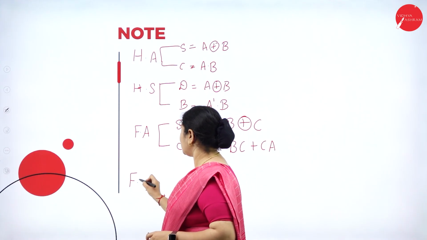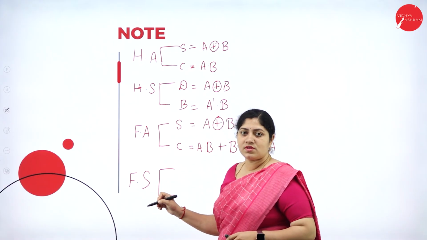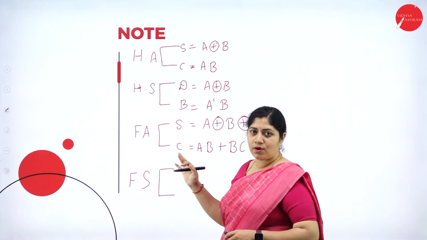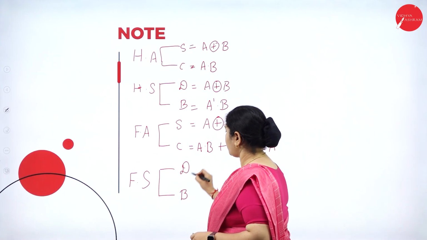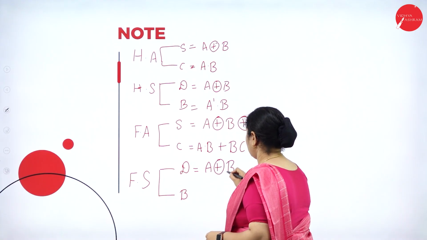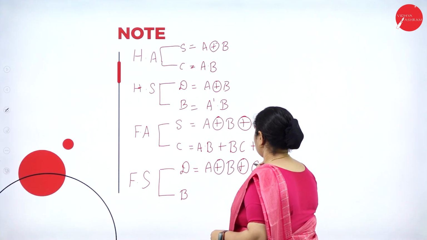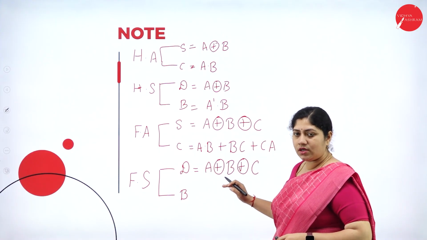Next, what we had, that is a full subtractor. So do you remember what was the next one? It is none other than a full subtractor. So for full subtractor, again we will be having 3 inputs and 2 outputs, that is a difference and a borrow. So the difference is none other than A XOR B XOR C, assuming that our inputs are A, B, C. Clear?